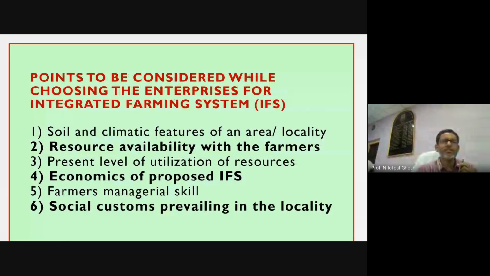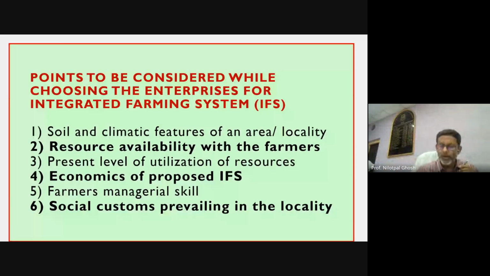Now, which points to be considered specifically? The soil and climatic features, the resource availability with the farmers. Then only, based on the resource availability, we can integrate the components and present level of utilization of resources. If 4, 5, 6 components are there in one village or within one farmer's family, then what is the present level of resource utilization?